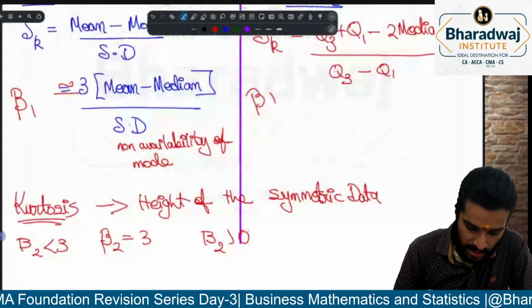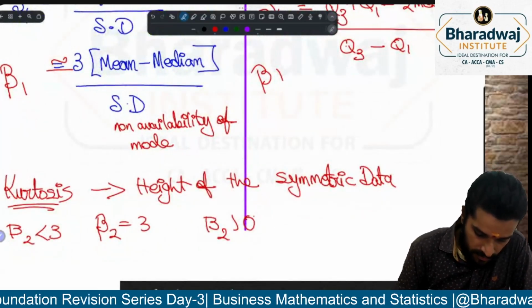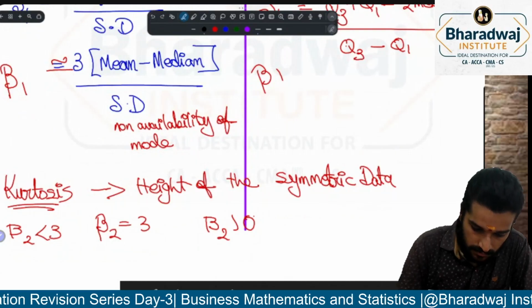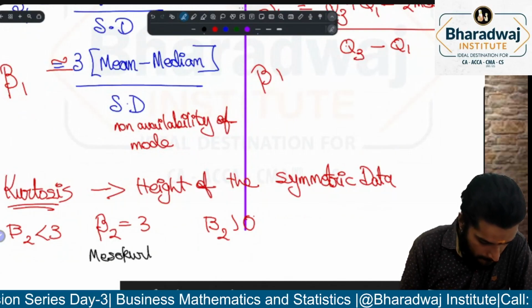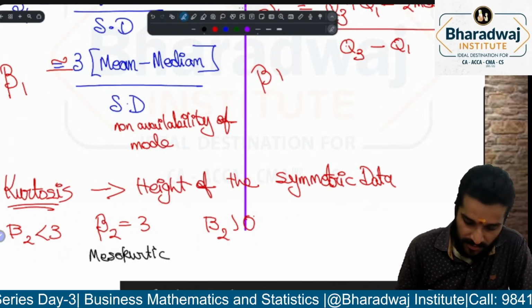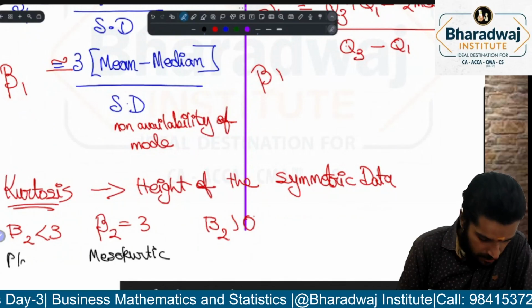If it is exactly equal to 3, we call it mesokurtic. It's just terms. If it is less than 3, we call it platykurtic.